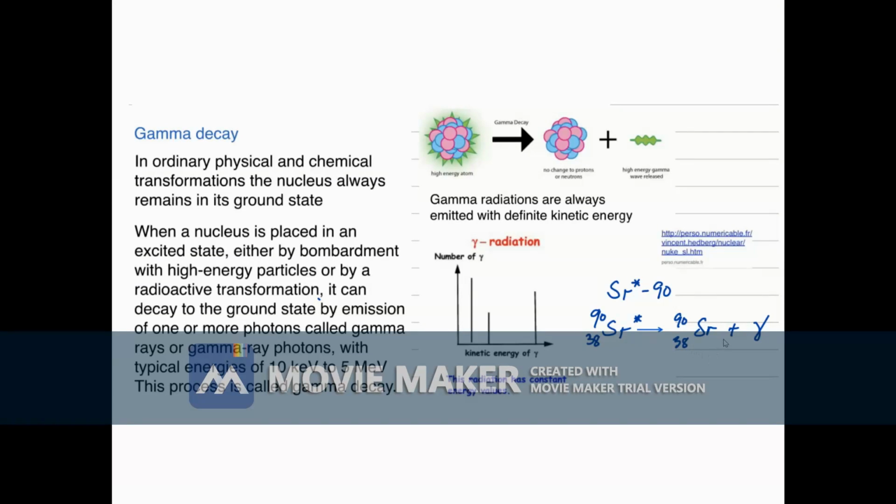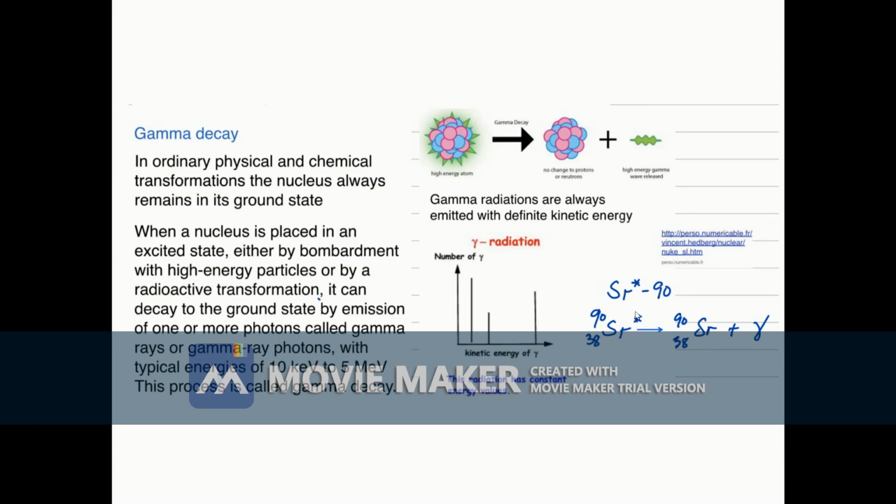It can decay to the ground state by emission of gamma ray photons. It's one form of energy, with a typical range of 10 kilo electron volts to 5 mega electron volts. So this process is called gamma decay.